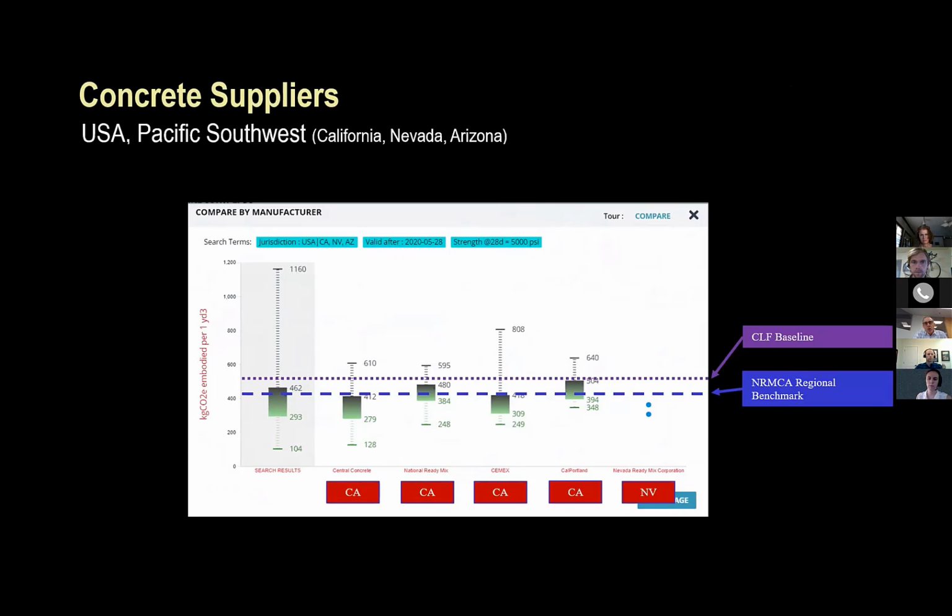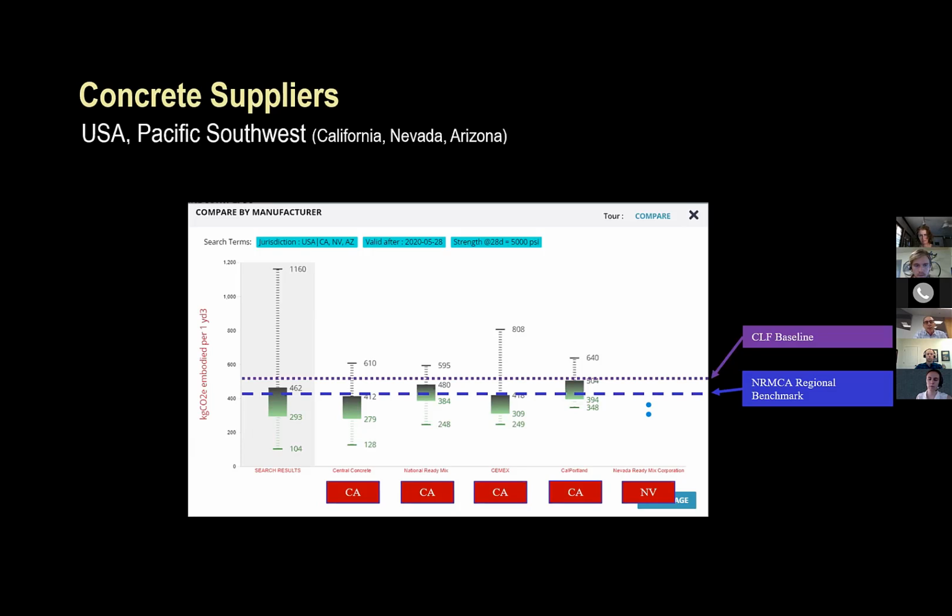Now I'm just showing 5 different suppliers right here, but you quickly can start dialing in for a particular mix. What are the ranges we might be able to expect to see on the carbon footprint of those mixes? Where's the NRMCA regional benchmark? For the Pacific Southwest, that NRMCA average is actually pretty close through the middle of the data, as you would expect.